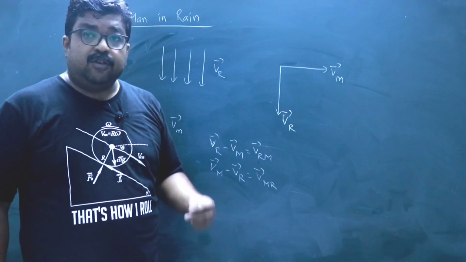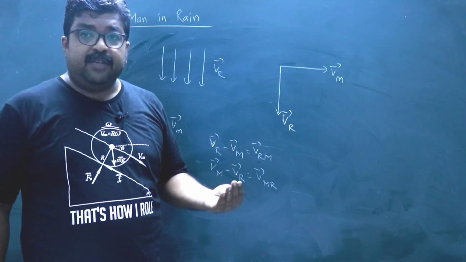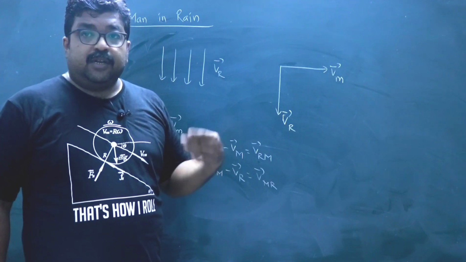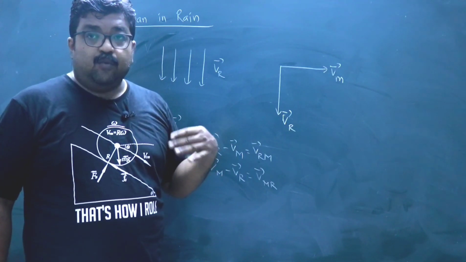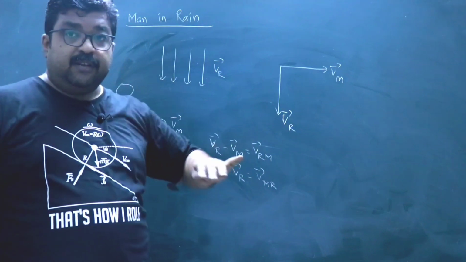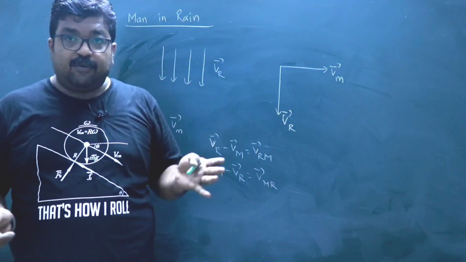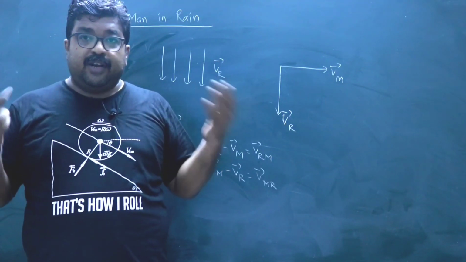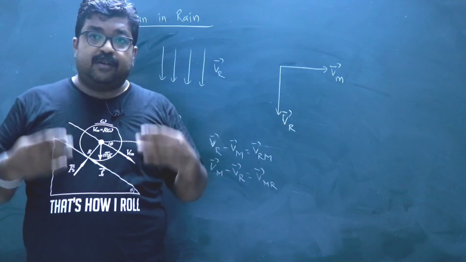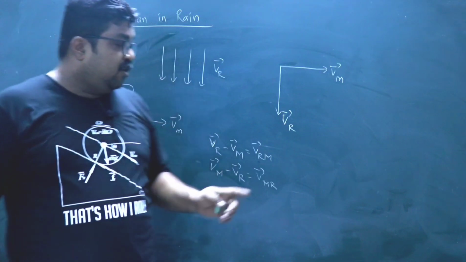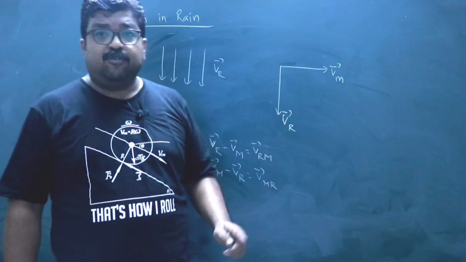Velocity of man with respect to rain would tell in what direction the rain will receive the man, but that is not a problem. We need not protect rain from man. Our goal is to protect the man from rain. So we need to find the velocity of rain with respect to man.